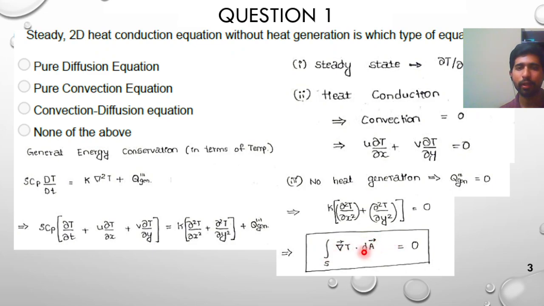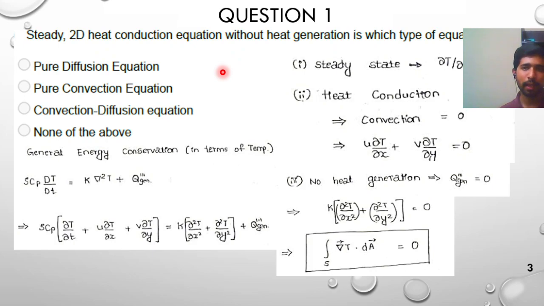So that is your pure diffusion equation, right? So yes, the answer is pure diffusion. You all have already said it, because you understood it by just the physical relevance. Heat conduction itself means that there is no convection, so it should be a pure diffusion equation only.